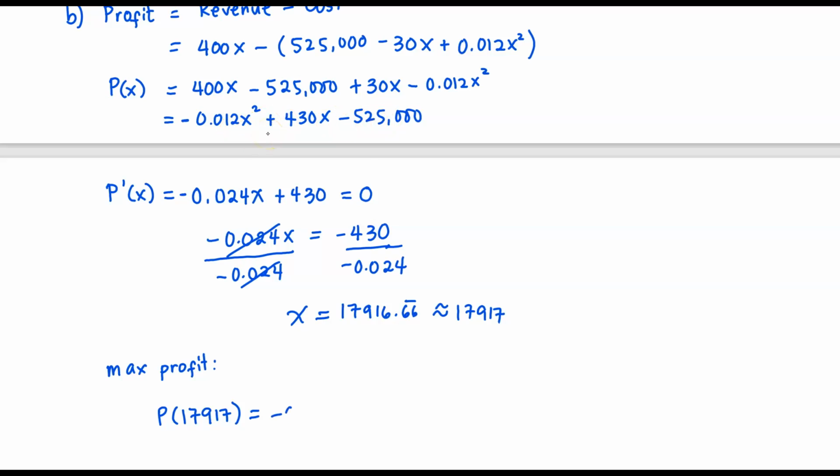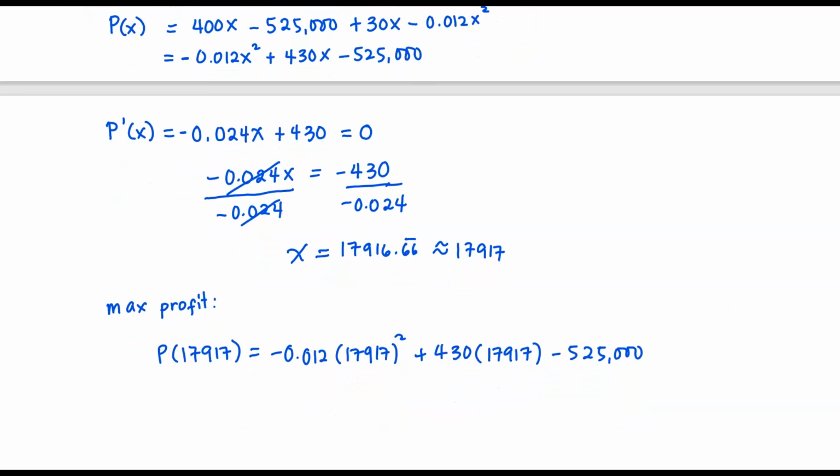So plug that into the equation here. You have negative 0.012 times 17,917 squared plus 430 times 17,917 minus 525,000. And then plug that into your calculator.